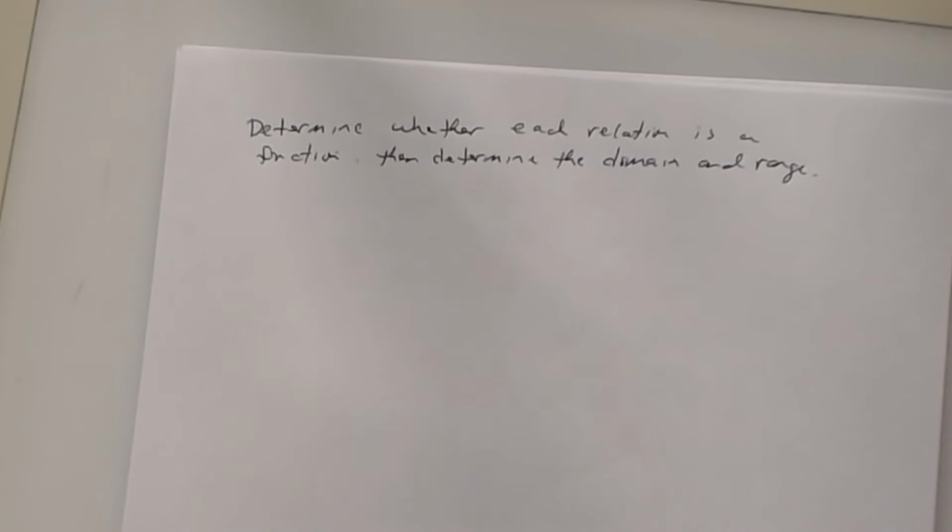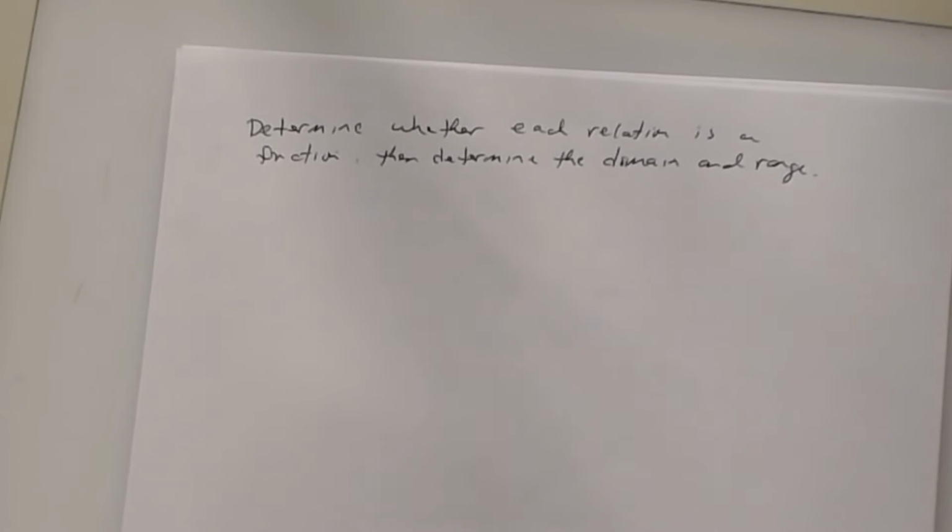All right, so I'm going to give you a set of ordered pairs. That's the first one we're going to look at. And then you're going to determine if it's a function. But you've got to know the definition of function. What's the definition of function? A relation in which what? For each x, there is exactly one y. Not two y's, not three y's, not four y's, but how many? One.